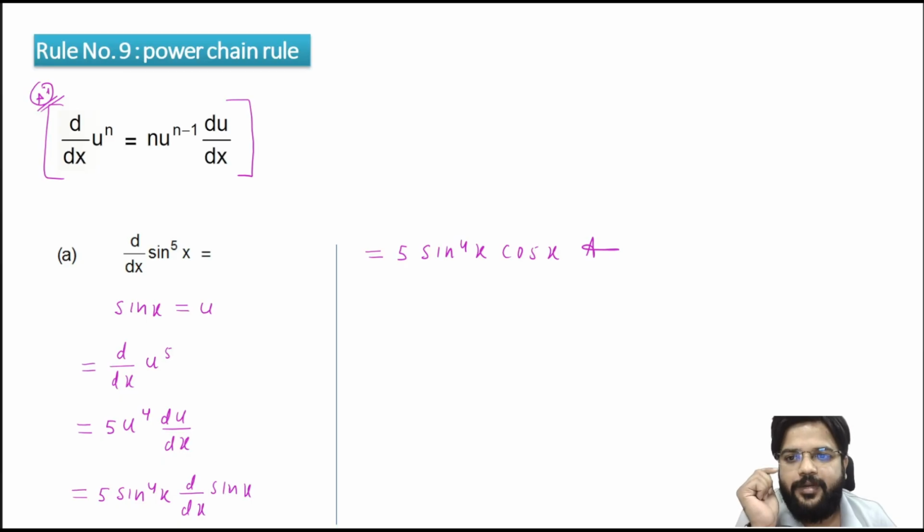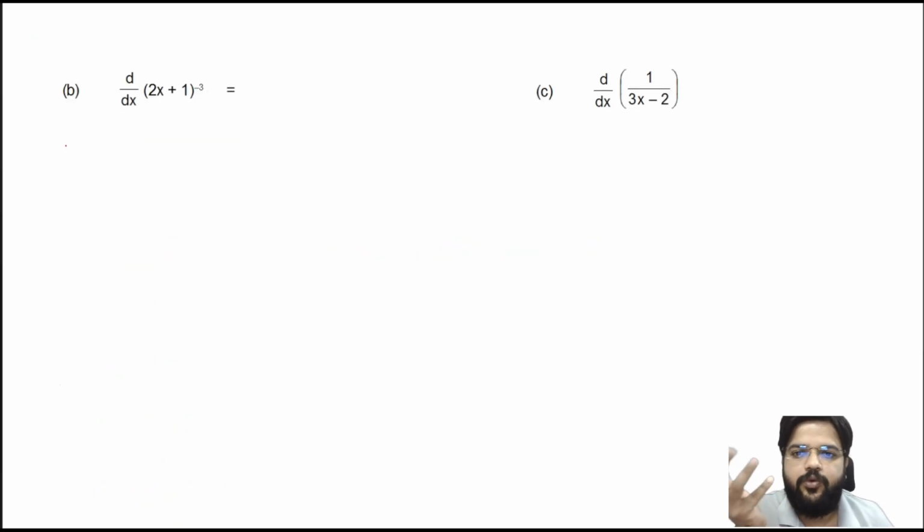Let's see one more example, everyone, then you will get more clarity. Here we have (2x plus 1) power minus 3. This 2x plus 1 is u, and this function has power minus 3. So how will we use this? First of all, we will differentiate the power.